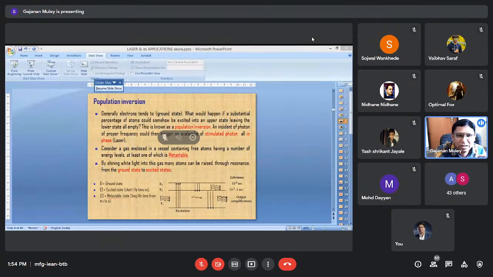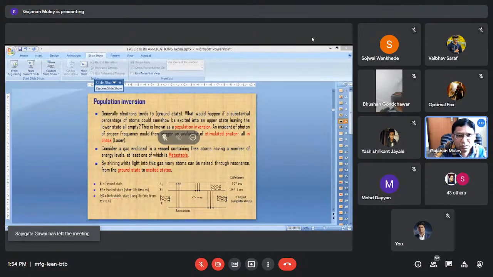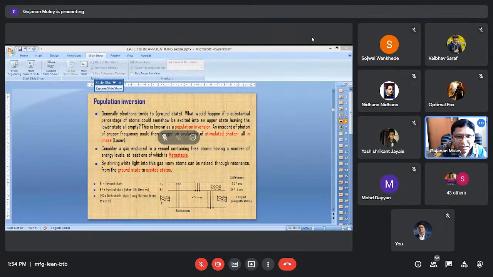After the ruby laser, so many lasers have been investigated, and we are using many lasers. There are three kinds of pumping or excitation mechanisms. One is optical pumping, which is suitable for liquid and solid lasers because they have a wide absorption band.